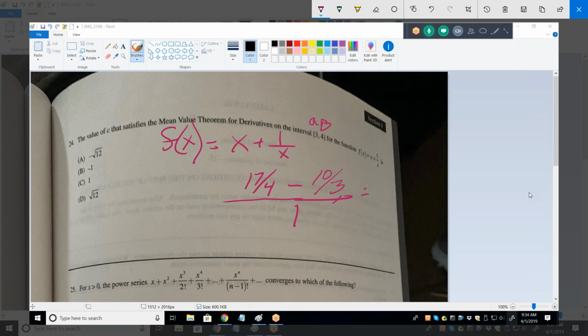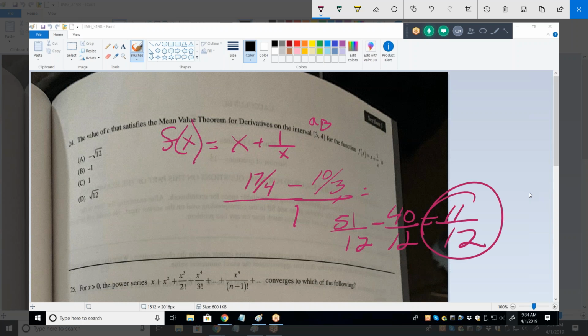The mean value theorem says there has to be a point in there that is equal to that slope. Well, let's see. What's the best thing to do here? Let's turn this into twelfths. What do we got? 51 twelfths minus 40 twelfths, 11 twelfths. Okay.